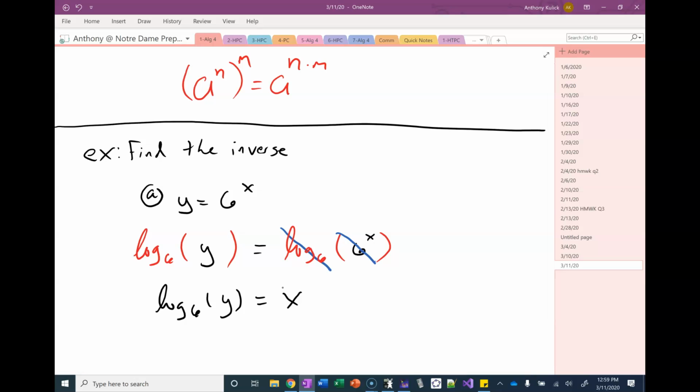Is everybody okay with what we did there? All right. So the x is by itself.